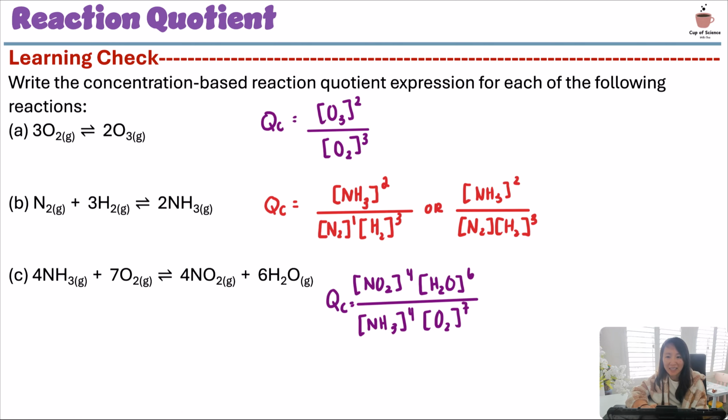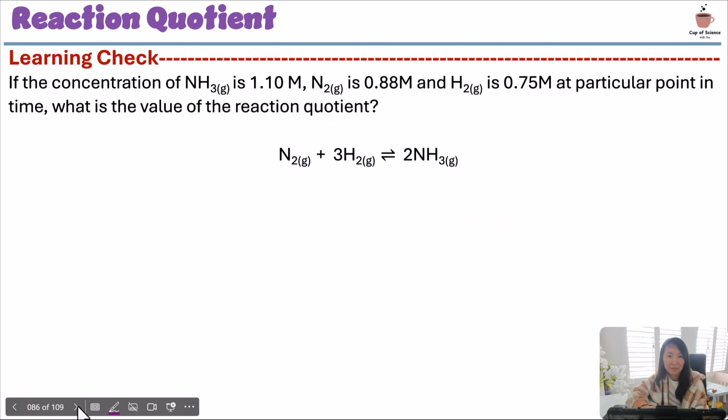And here is the key. Moving along, let's do another learning check. And this requires putting in some values. So if the concentration of NH3 is 1.10 molarity, N2 is 0.88 molarity, and H2 is 0.75 molarity at a particular point in time, what is the value of the reaction quotient?